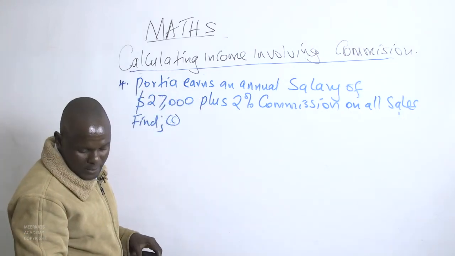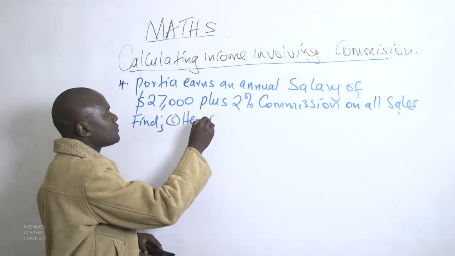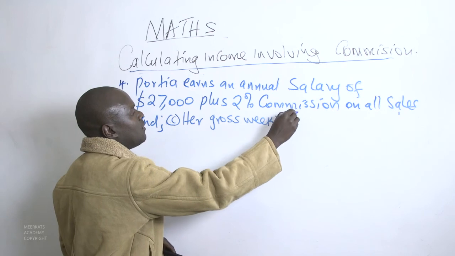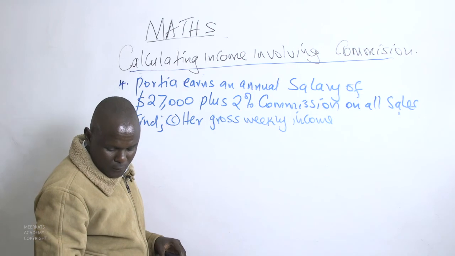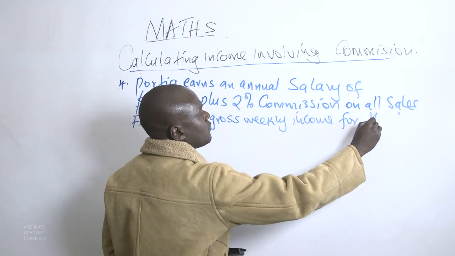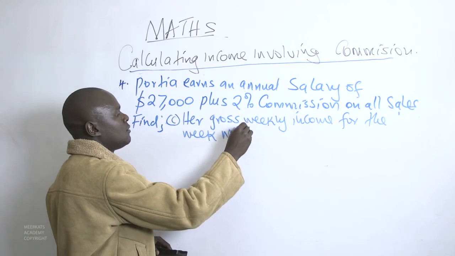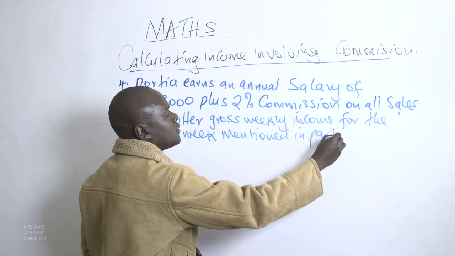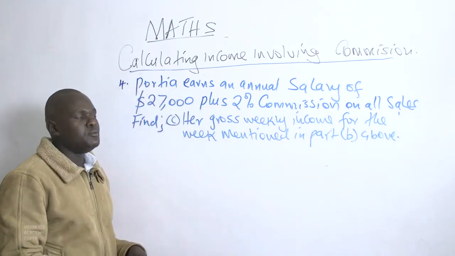Part C, they want us to find her gross weekly income for the week mentioned in Part B above.